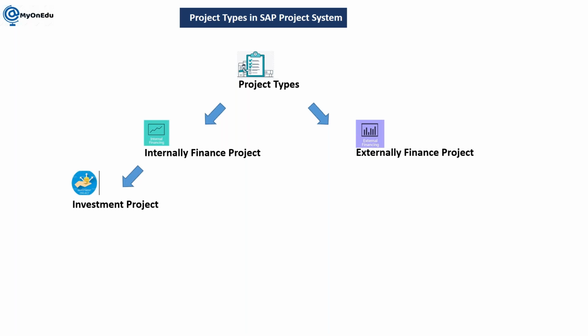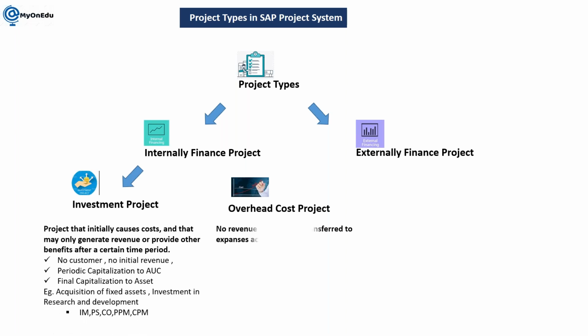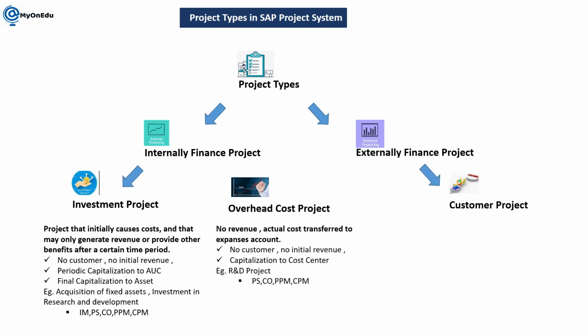For internally financed projects, there are the investment project and overhead cost project. We already went through this concept in the demo session. Externally financed project is the customer project.